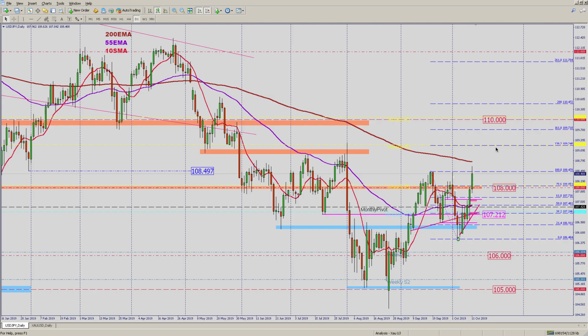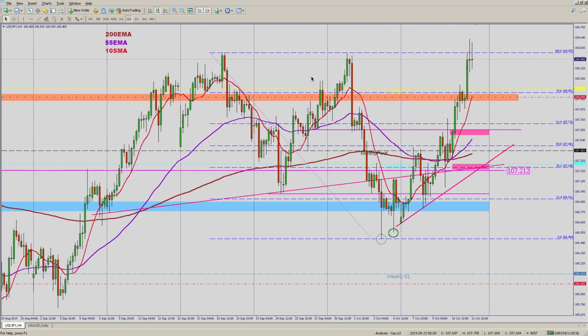But the 138 fib, if it continues higher and breaks above the 200 daily EMA, then it's looking to target the 109.25 area. So we'll see how it looks in the next few days.